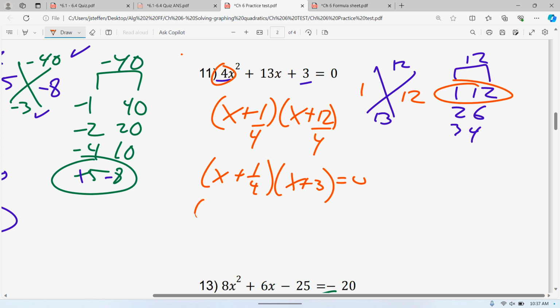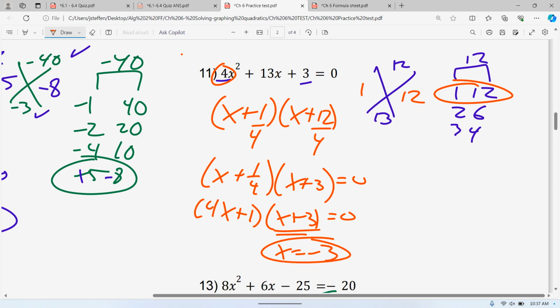So that's 4x plus 1, x plus 3. Negative 3, that's what makes that part 0. What makes the other part 0? If you can't tell, go ahead and solve it. Divide by 4. You end up getting negative 1 over 4.